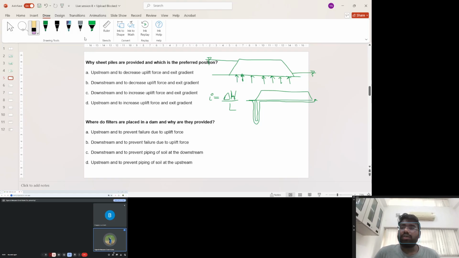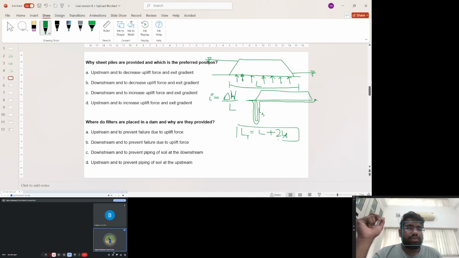This may not be exactly this way, but this corresponds to the first flow line. Earlier, the length was just this much. Now if we are inserting a sheet pile of length LS, the total length of travel of the fluid will be equal to L plus 2 times L sheet pile, right?